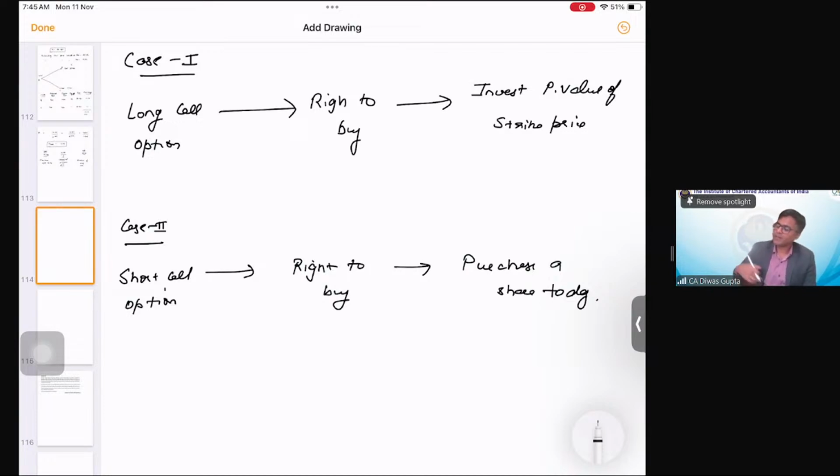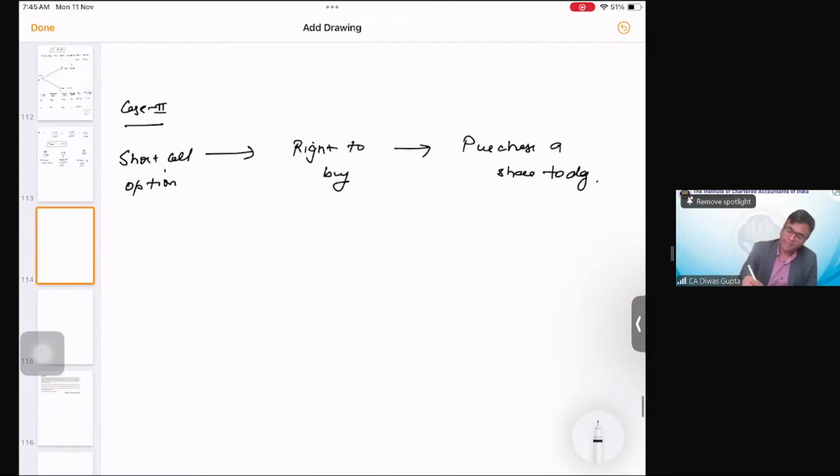Okay. Then the third case. The third case is long put option. Put option is what? Right to sell.